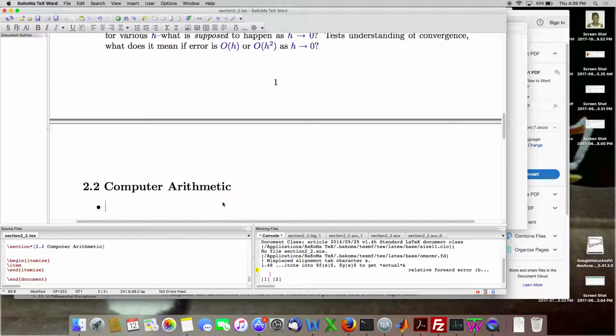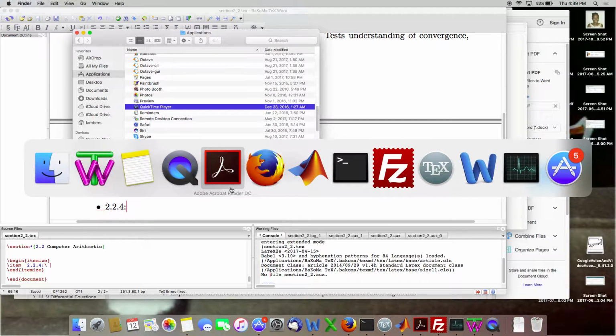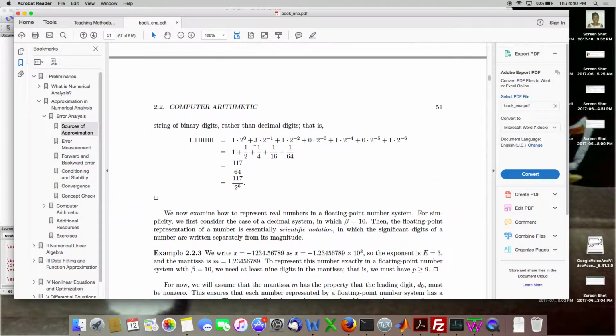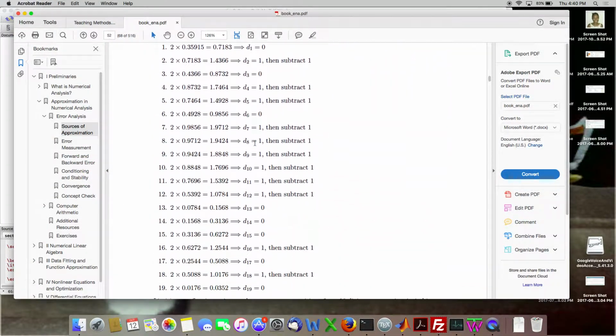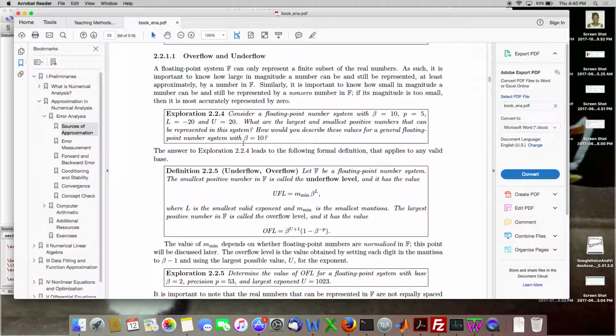Now, in 2.2.4, I got a number of questions about this one. You're given a specific decimal floating point system, and the question is, what are the largest and smallest positive numbers?